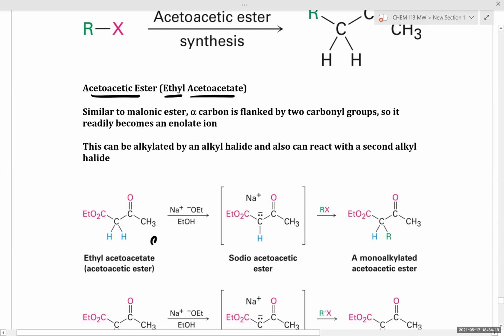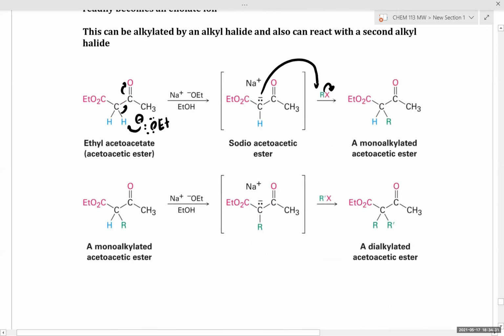Just like before, strong bases such as ethoxide can pull off this acidic alpha proton to make an enolate. This enolate can be alkylated. And from here, once we have our dialkylated acetoacetic ester, we can decarboxylate to get our ketone.